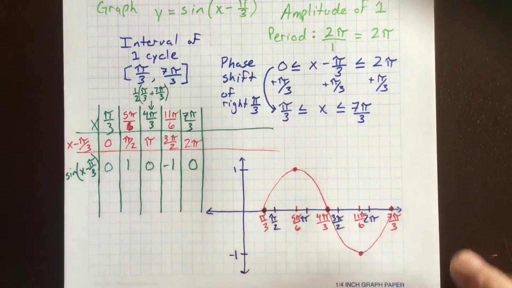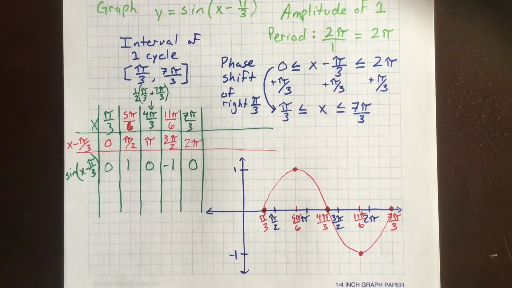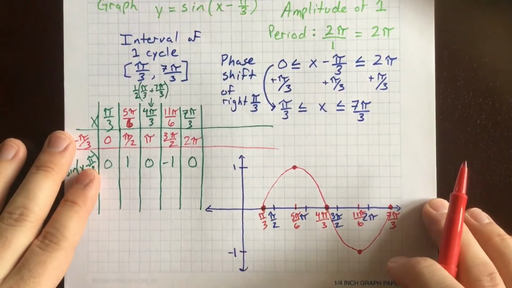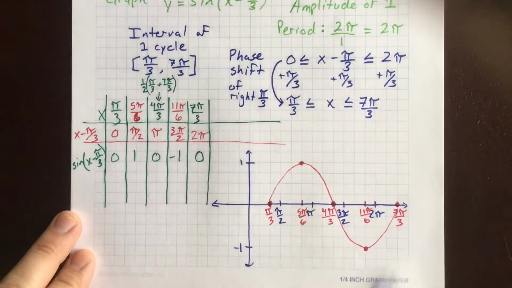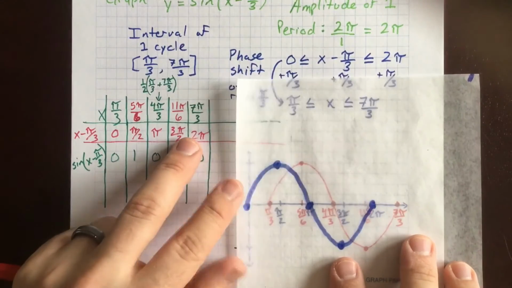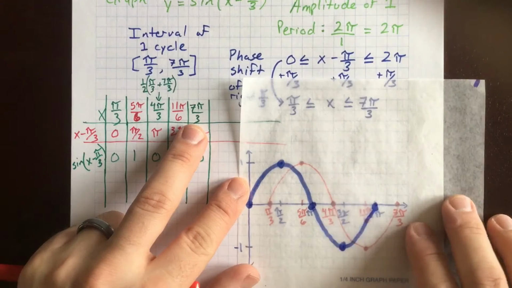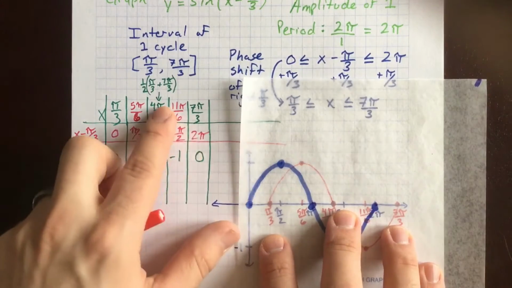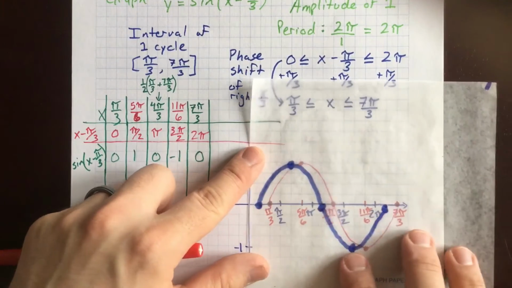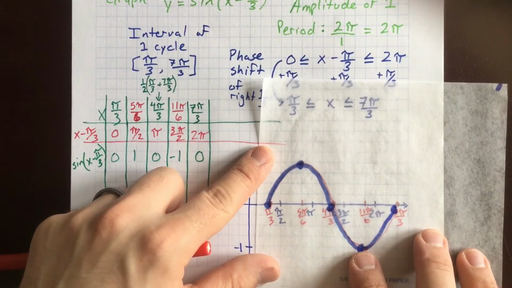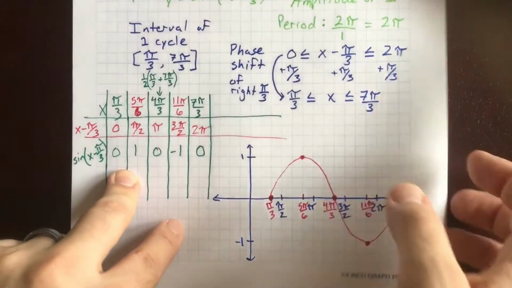So with this, we can see how our graph is simply shifted. Using this tracing paper again, placing it where it typically would be without a horizontal shift, we can see that with a minus pi over 3, we shifted to the right that amount.